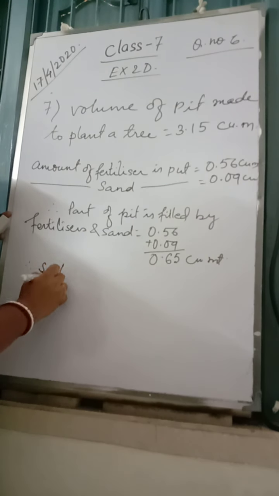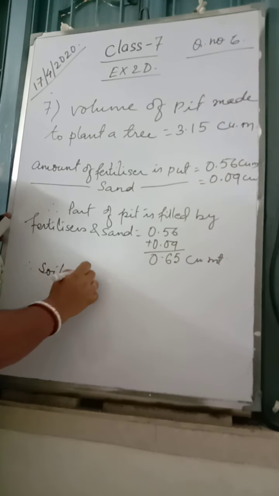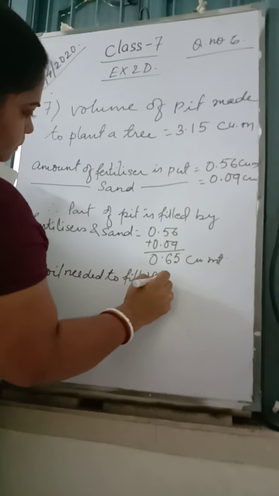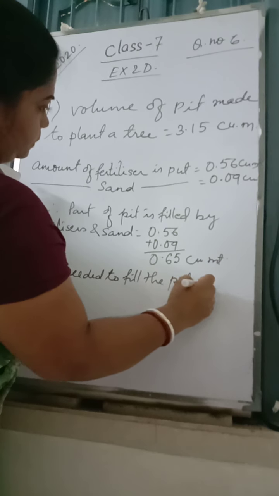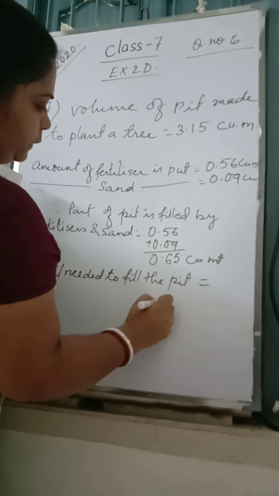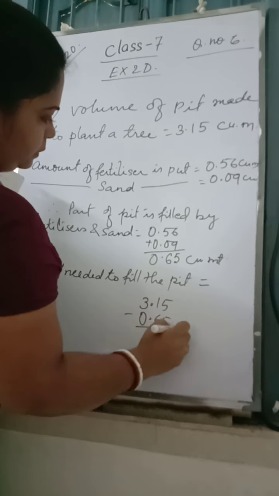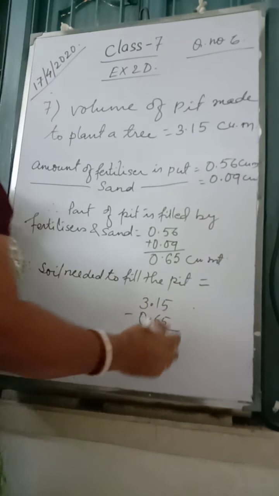Therefore, soil needed to fill the pit is (3.15 minus 0.65 cubic meter).